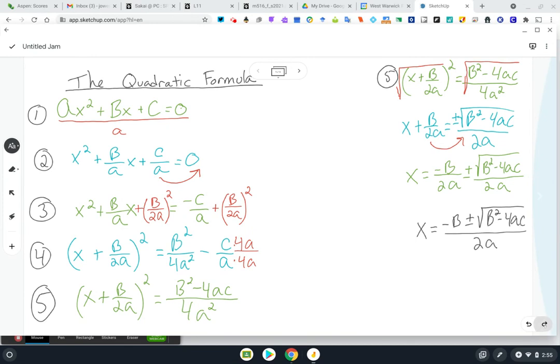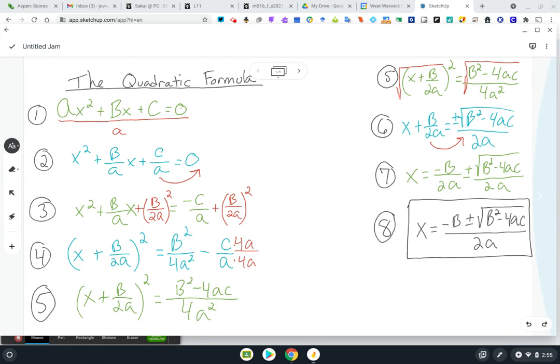So the quadratic formula is x equals the opposite of b plus or minus the square root of b squared minus 4ac, all divided by 2a. So fill in steps 6, 7, and 8 there.